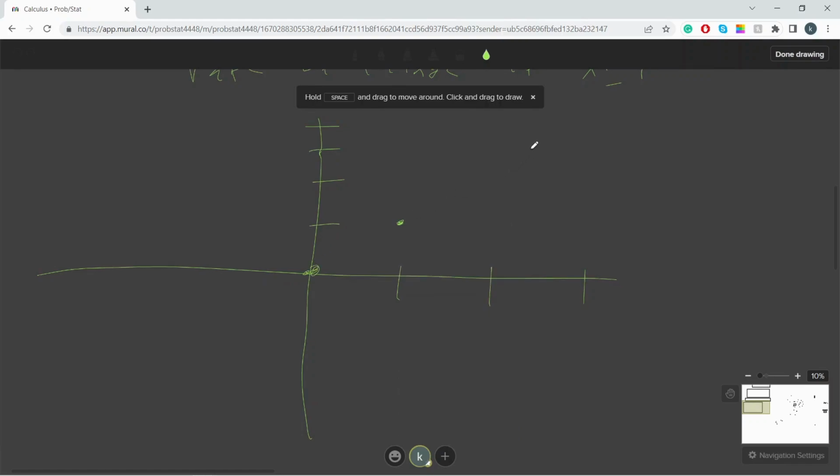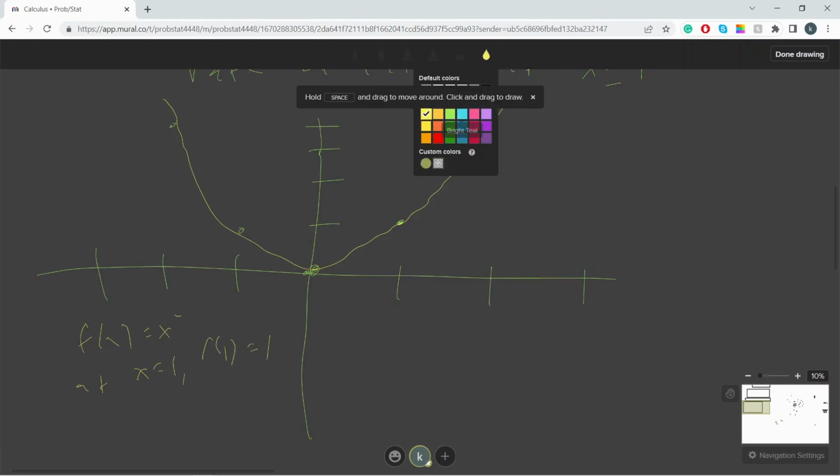And then we have f of 0, and then f of 2. Then we have negative 1, negative 2, negative 3. And I'm going to trace this in yellow. So this is f of x right here. We know f of x equals x squared, so at x equals 1, f of 1 equals 1. So the blue point of interest is this point right here.